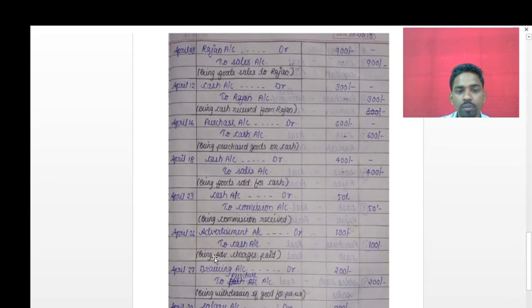Advertisement account debit to cash account credit. Advertisement is an expense, so it comes under the nominal account. And what is the nominal rule? Debit all expenses and losses. So advertisement expenses is a debit, rupees 100 to cash account credit rupees 100, because cash goes out from the business and it is a real account. And what is the real rule? Debit what comes in, credit what goes out. So this is the transaction.